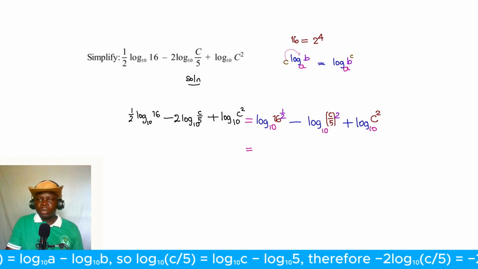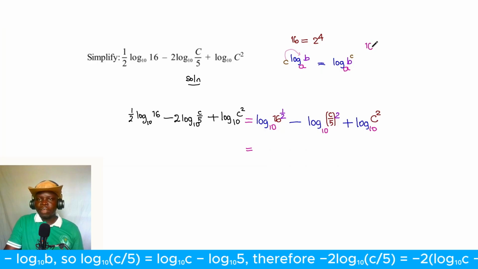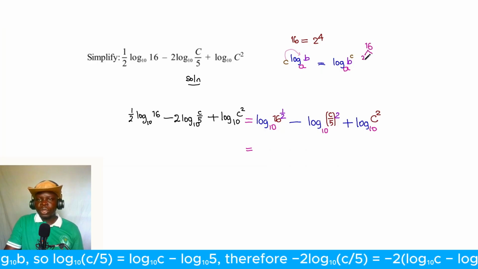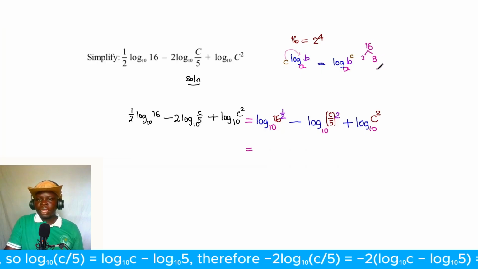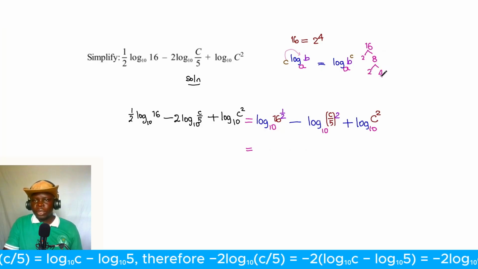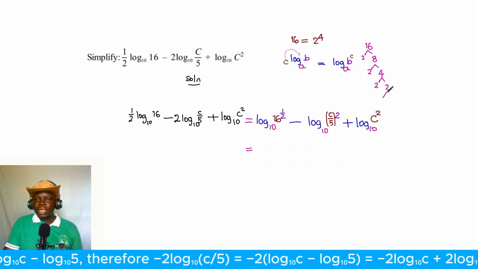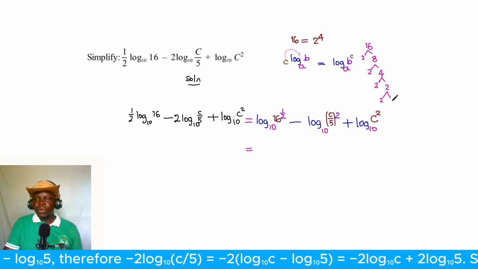If you are doubting this, you can go slowly and write 16. If you divide it by 2, what do you get? You get definitely 8. So 8 divided by 2, you get what? 4. And again 4 divided by 2, you get 2. Finally, 2 divided by 2, you get 1.